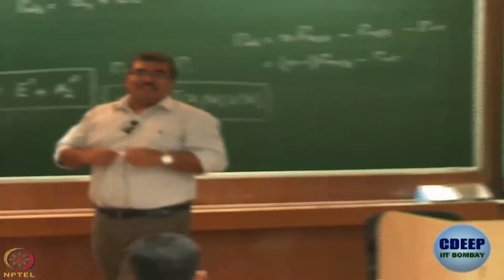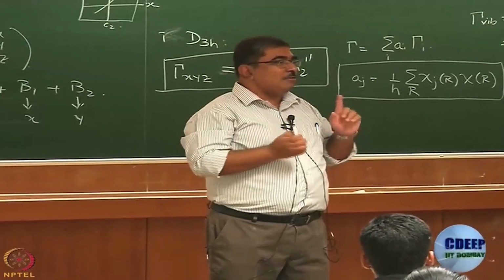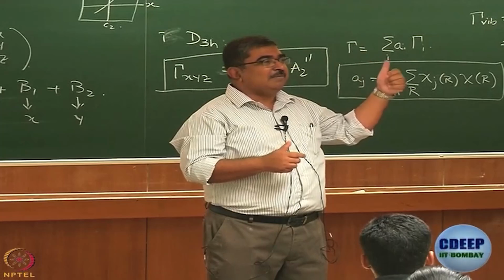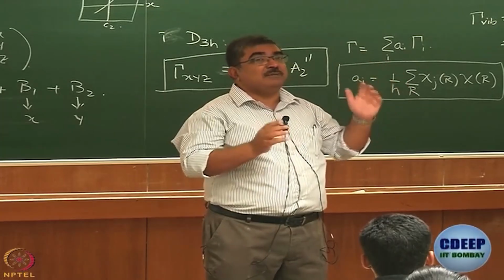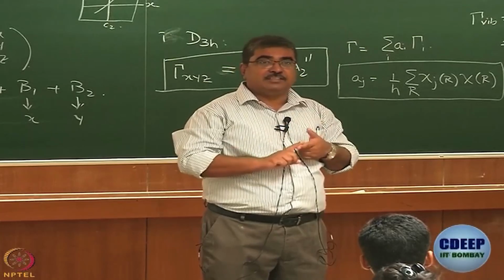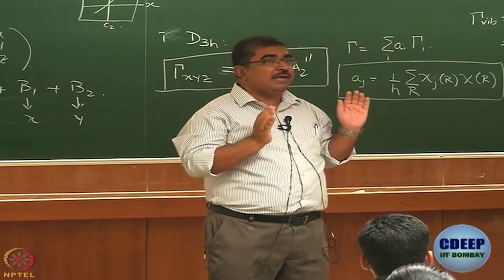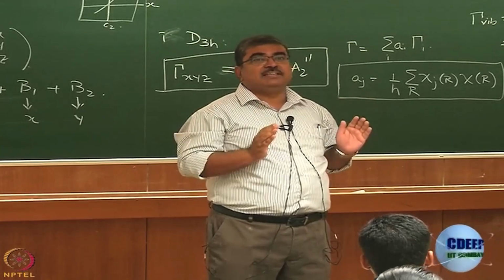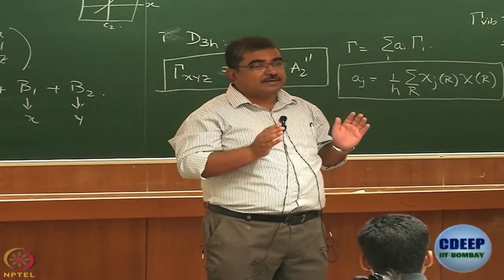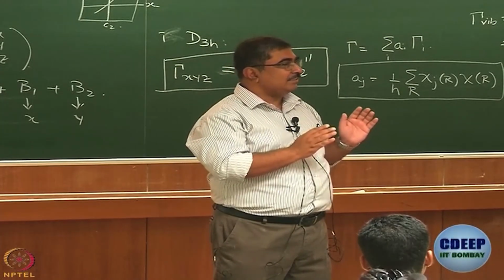What I am trying to say is this: first thing, as we have said already, do not forget to multiply by the coefficient because we are talking about symmetry operations, not symmetry elements. Second thing, very important to understand: when you have a more than one dimensional representation, their dimensionality gives you the number of elements in the basis.